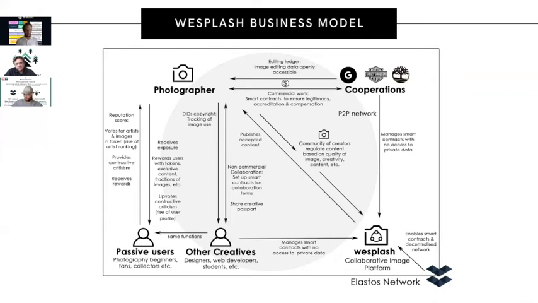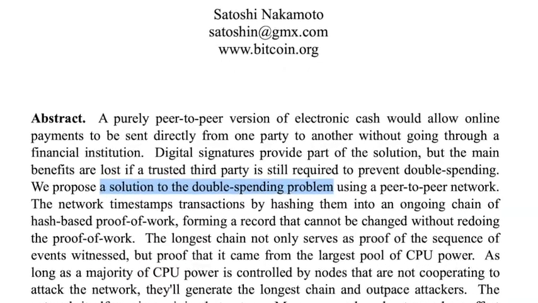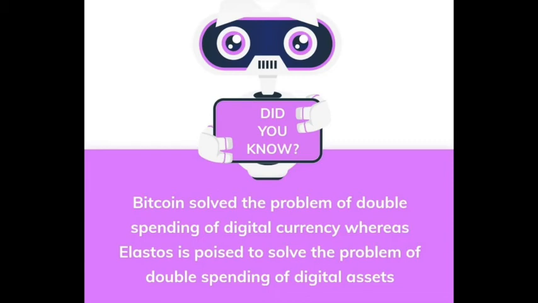So it's a very good term. It's not my term. I think Satoshi used the double spend problem in his white paper. Yeah, but you added the word digital to it, or data. Absolutely. Elastos solves the data double spend problem. Yeah, I think that's a very good approach.